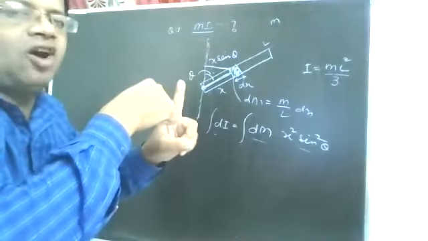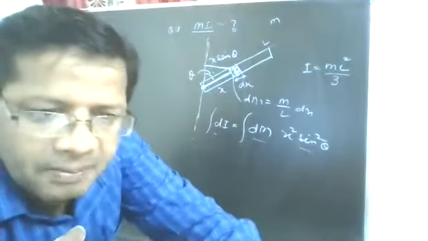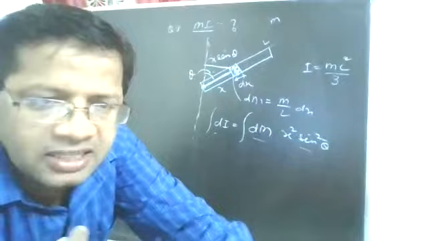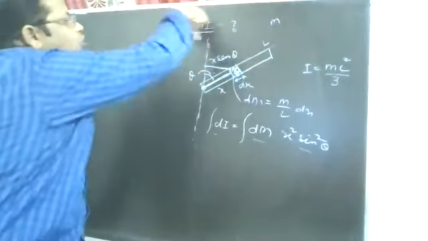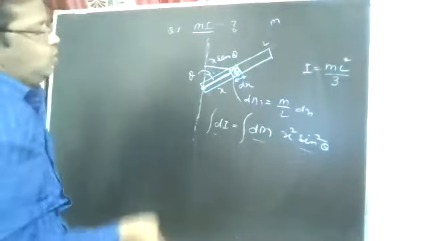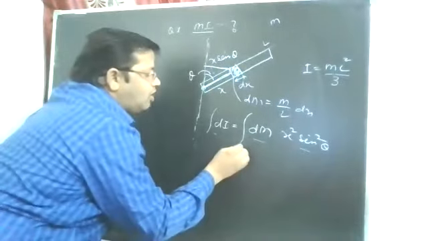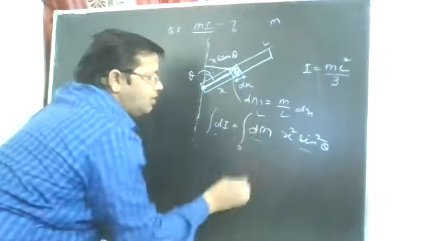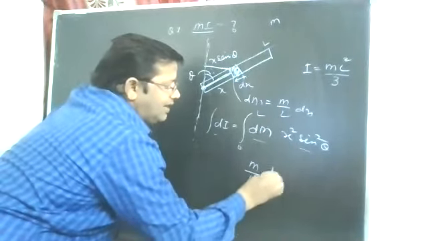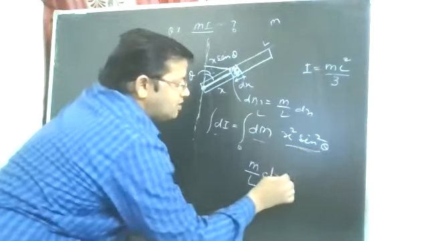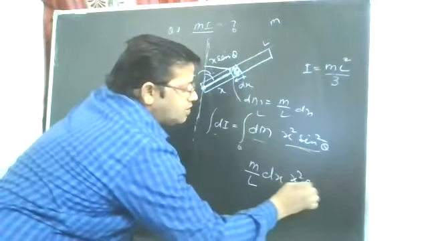Now, what is the limit of integration? 0 to L. What is the value of dm? M by L into dx, into x square sine square theta.